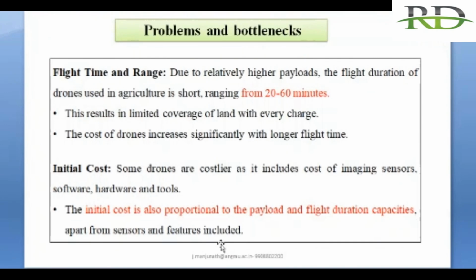The initial cost of this drone is somewhat high, and the payload is also less. That's why we have to increase the payload. If you fly the drone over 3 to 4 acres, it is very useful for farmers.